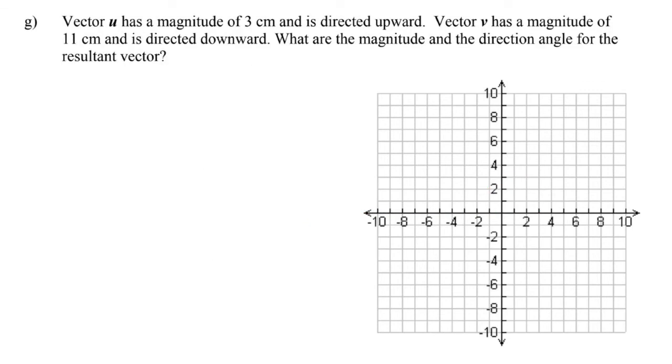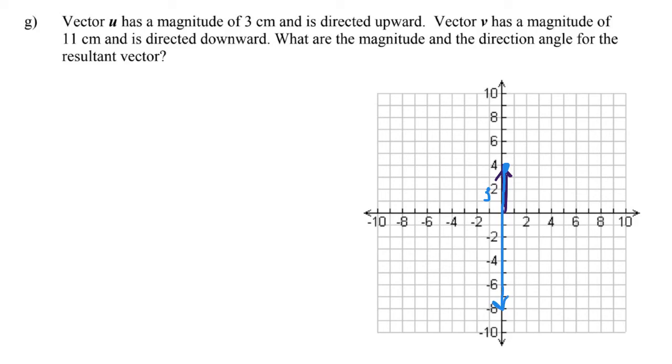Here's another one that's very similar to the one we just looked at. Vector u has a magnitude of 3 centimeters and is directed upward. Then vector v has a magnitude of 11 centimeters and is directed downward. So we're going to start where this one stopped, and this was 3, but then I'm going to go 11 back this direction.